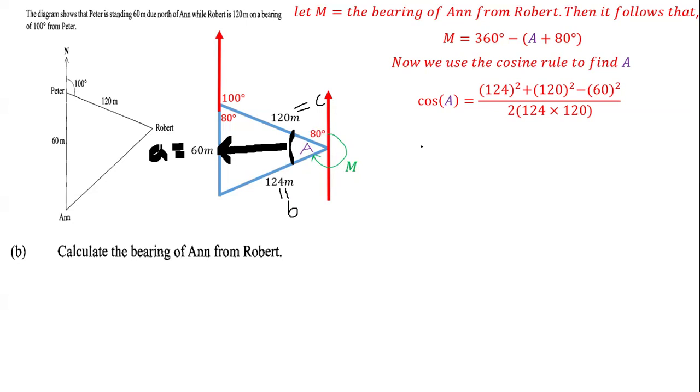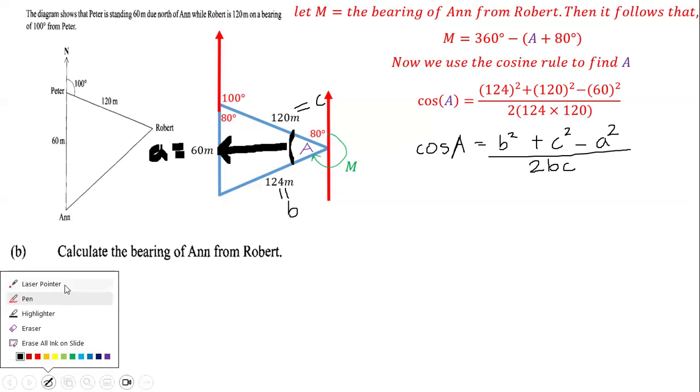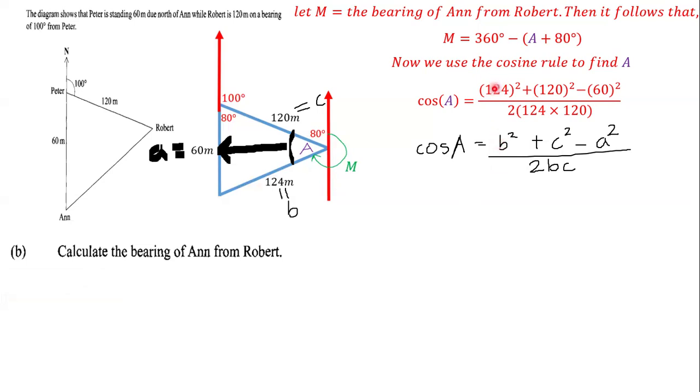The cosine rule formula says cosine of A is equal to B squared plus C squared minus A squared, all over 2BC. Remember, B is 124, so we put 124 here.